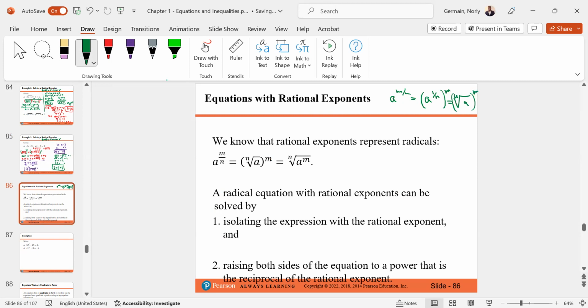It's exactly the same thing. Radical equations with rational exponents can be solved by isolating the expressions with the rational exponents and raising both sides of the equation to a power that is the reciprocal of the rational exponent.